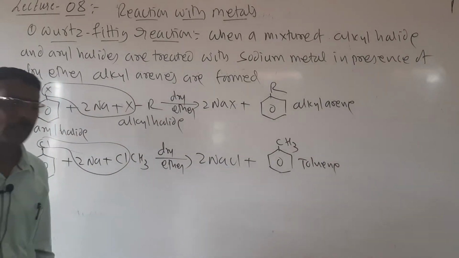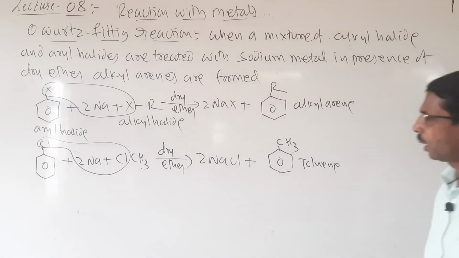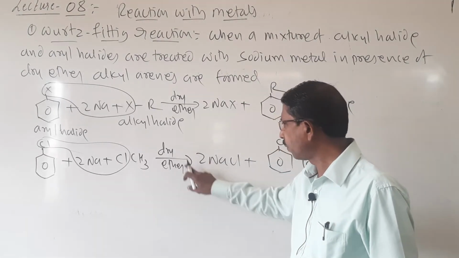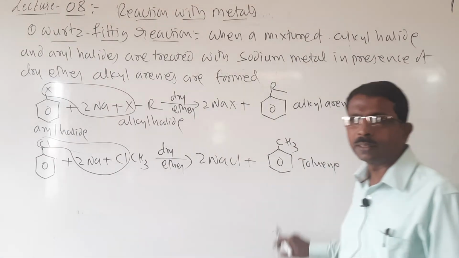Look here students, this is the example. So when chlorobenzene is treated with methyl chloride in presence of dry ether, it forms toluene. So it is an alkyl arene.